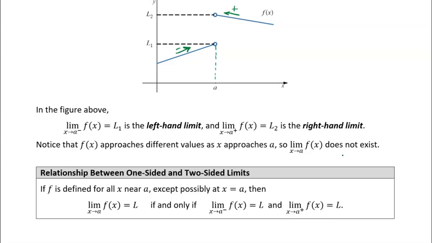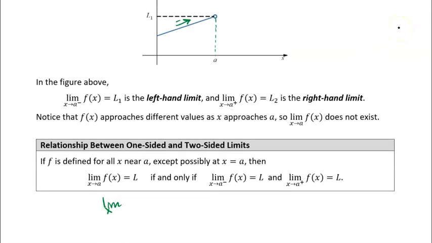Let me write that down. The limit as x approaches 2 of x squared is equal to 4, right? And we can say that because it doesn't matter if we approach from the left or the right.